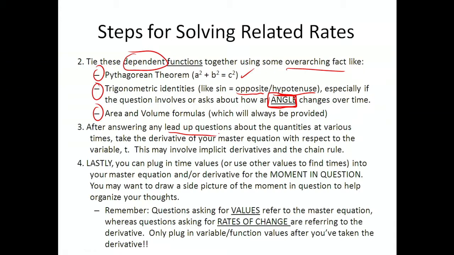Okay, but in either case, the main question in these questions is going to often involve you wanting to know how does blah, blah, blah change at some specific moment in time. That's pretty much what the main question in these problems will involve.